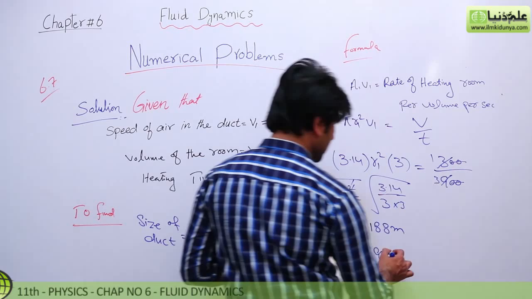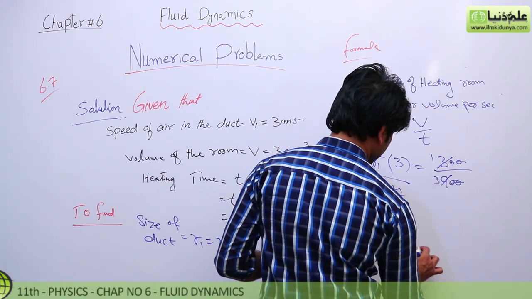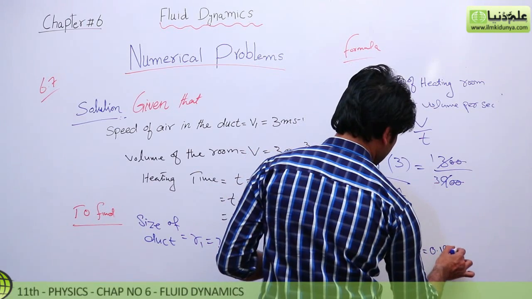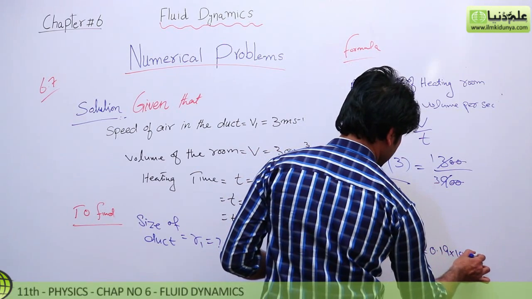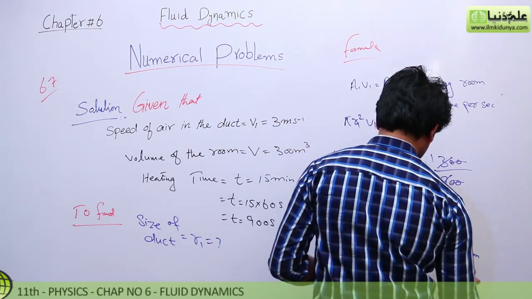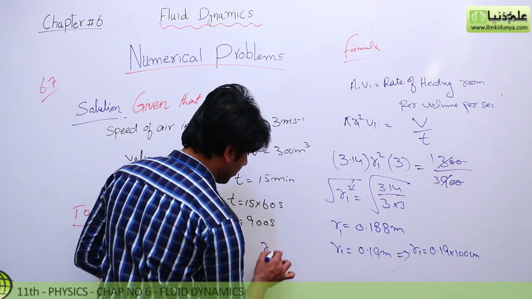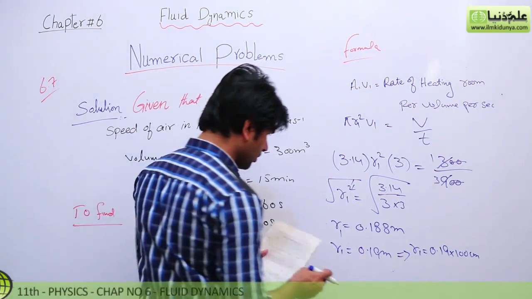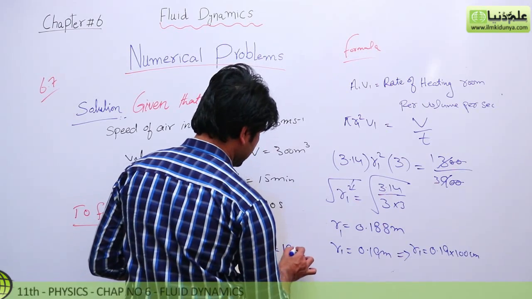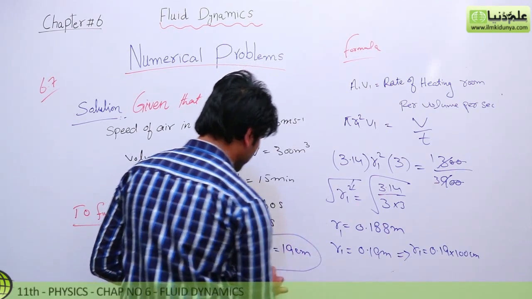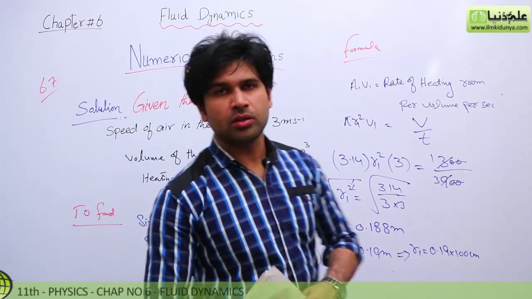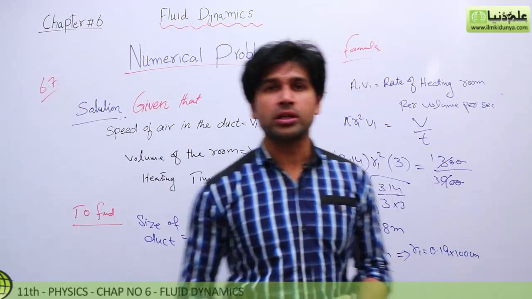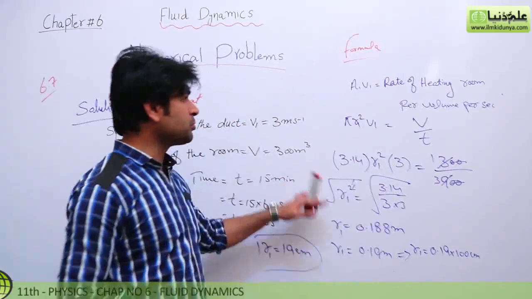To convert this meter to centimeter, we can write 0.19 multiplied by 100 and it is converted into centimeter. Then we will have R1 as 19 centimeter, which is the size of the duct, the cross-sectional radius of the duct. So in this way we can solve this numerical problem.